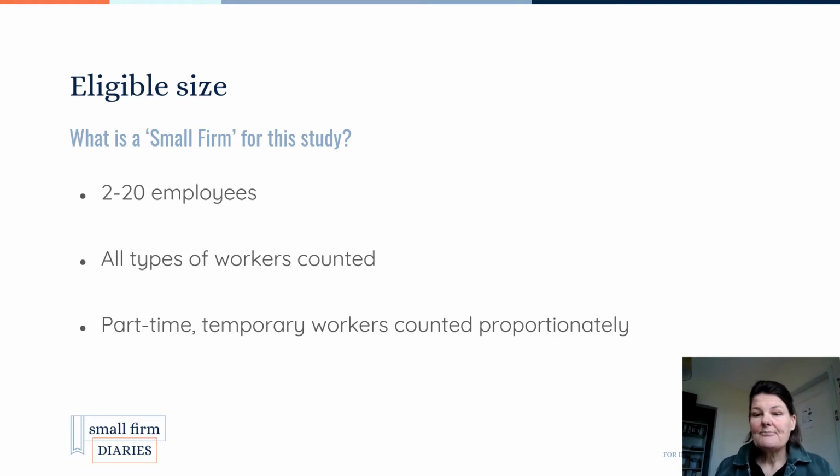You will get some different videos about that with more explanations. All the types of workers will be counted: part-time, temporary, casual, even people who work on a commission basis. They will be counted proportionately to a full-time, long-term employee.